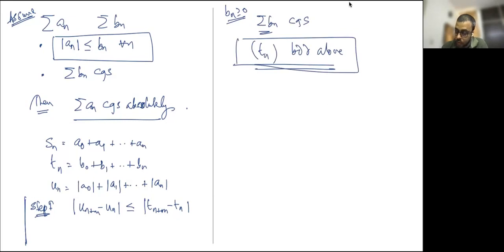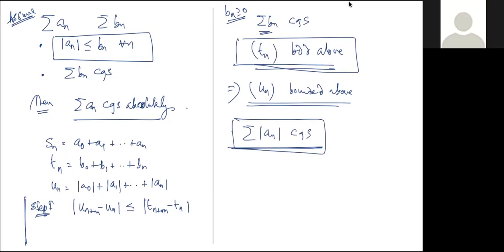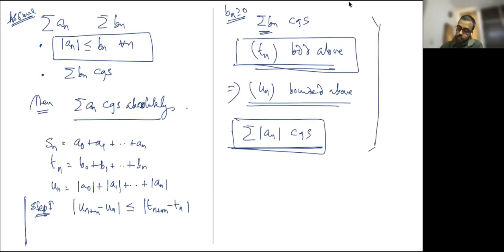And from here, it would follow that the un's are bounded above, which would give you that the summation of mod an converges, which means an converges absolutely, which is exactly the conclusion. This is what you are saying, right? Yes, this would be a shorter, simpler proof. And if you want to go to the Cauchy property, you can do that, but this would be simpler.